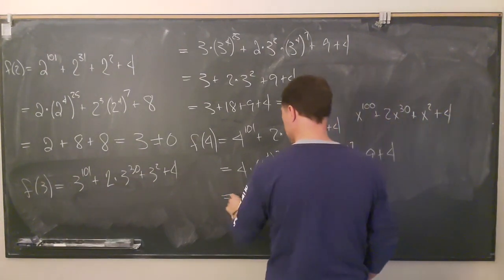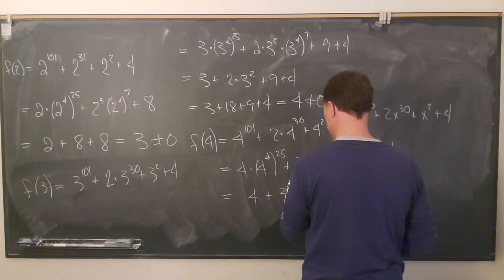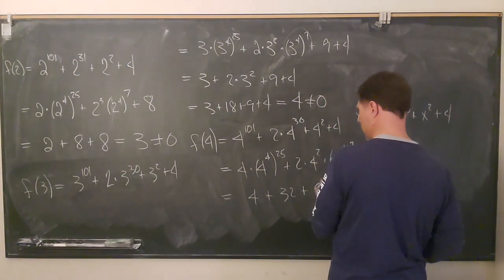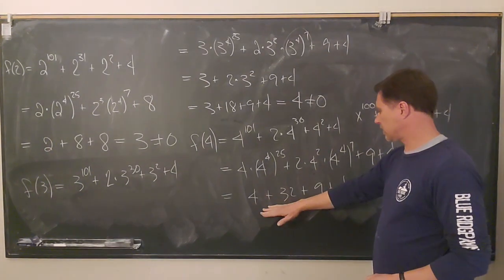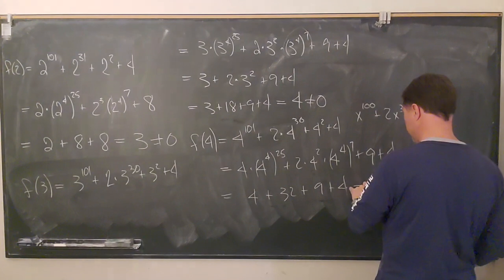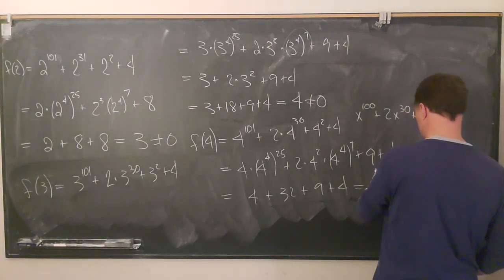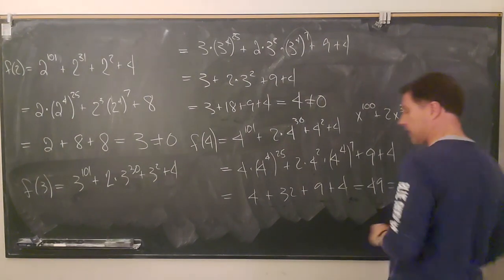That will give us 4 plus 32 plus 9. Did I do that right? 16 times 2. Yeah, plus 9 plus 4. 36, 45, 49. So that's equal to 4, which once again is not equal to 0.